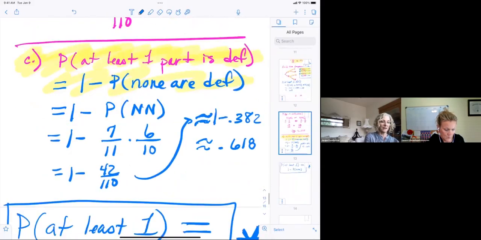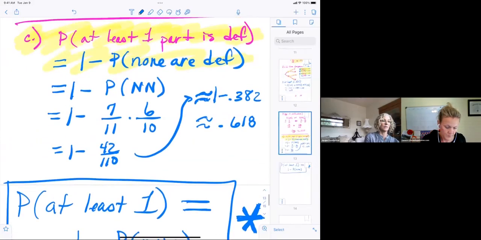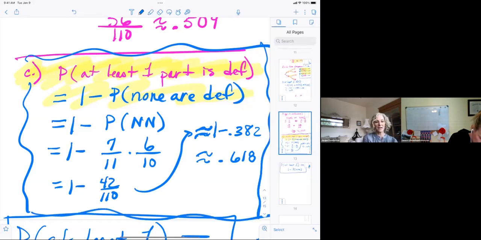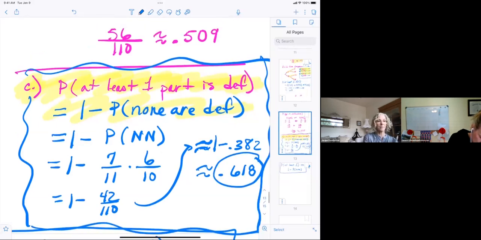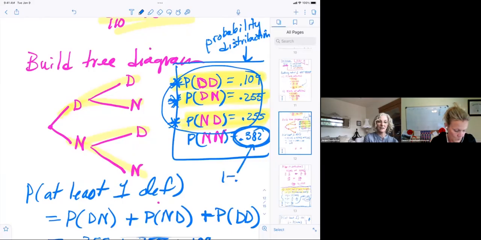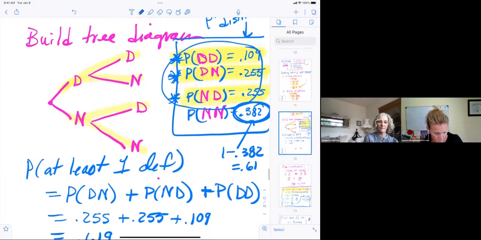And is that not what we got here? We got 0.618. It's a little bit of a round off error. But this rule helps us get to the answer quicker. Instead of adding all these three parts up, we take one minus the probability that none are defective, and that gives me the same answer.